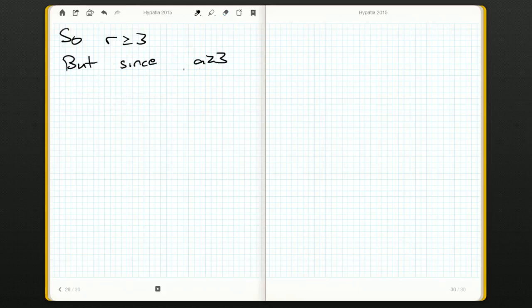So now we're up to a is at least 3. Okay, but r to the a is 3r minus 2. That's equation 1. But that's less than 3r, which is less than or equal to r squared, which is definitely less than r to the a.